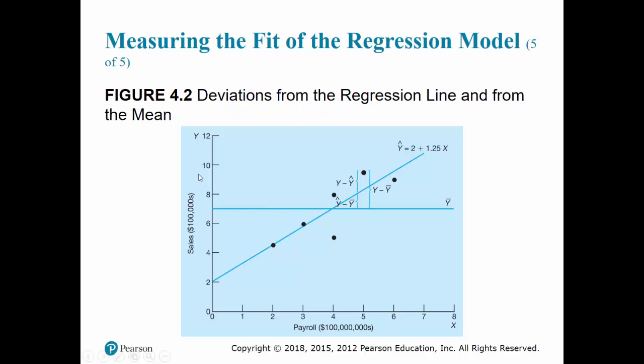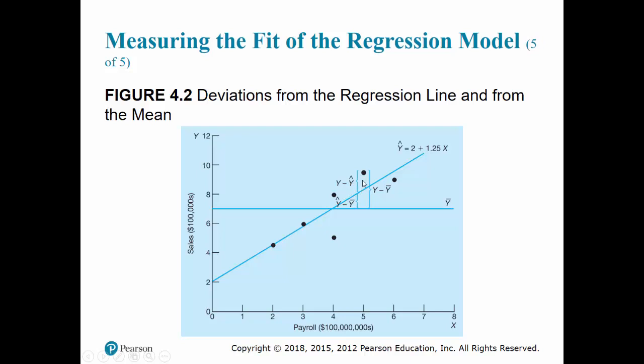Okay, so now, for the criterion for deciding what the best line is, we're going to look at the distance between the point and the line. Okay, so like here, that's our actual y, and this is the line y hat.